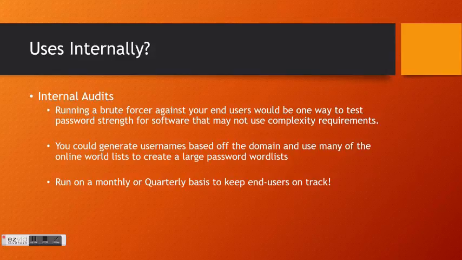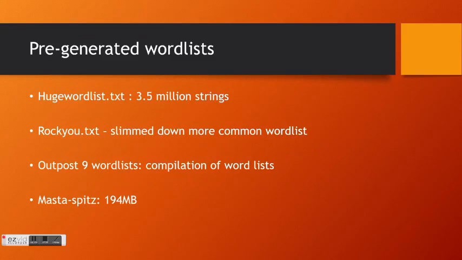Then you can test against their password strengths using online word lists, and if any of them match, they technically fail. I would run this on a monthly or quarterly basis to keep track of end users and keep them on track as well. I know auditors are going to want to see you're doing things to track your end users, so this would be a good report to show them as well when they come to audit the business.